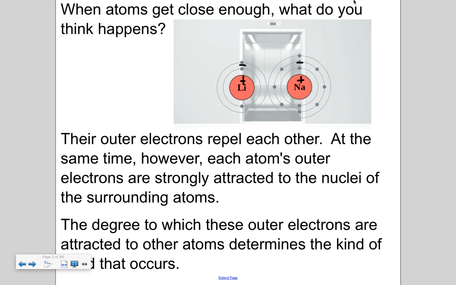Their electrons have a negative charge, so their outer electrons will repel each other. But at the same time, those outer electrons are strongly attracted to the nuclei of the atoms that they're close to. So the degree to which these outer electrons are attracted to other atoms determines the kind of bond that will occur.